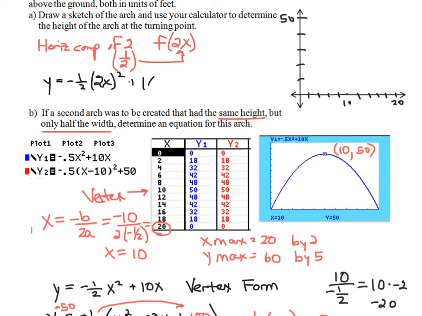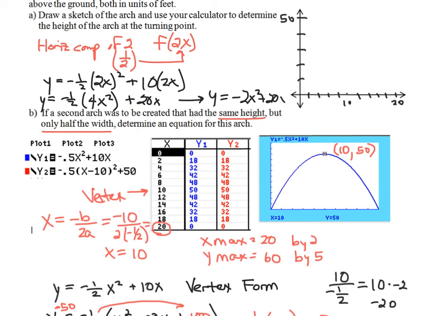Plus 10 times 2x. I'm going to algebraically find this equation, so negative 1/2 times 2x squared gives me negative 2x squared. 10 times 2x gives me 20x. So my new equation is going to be y equals negative 2x squared plus 20x.